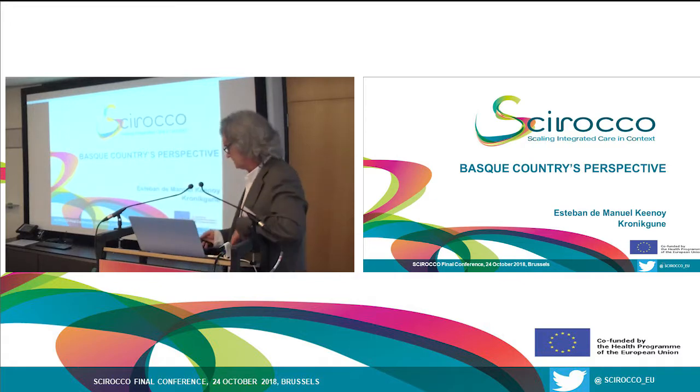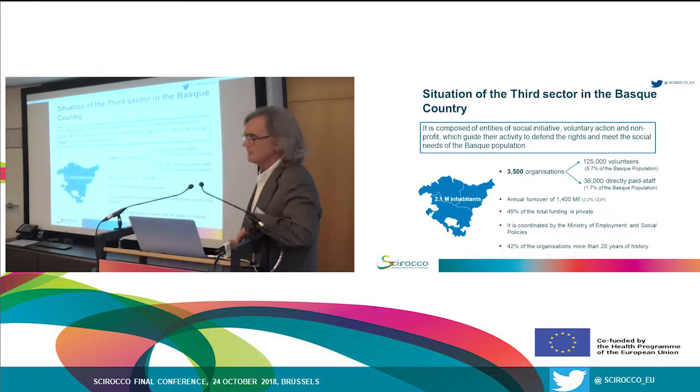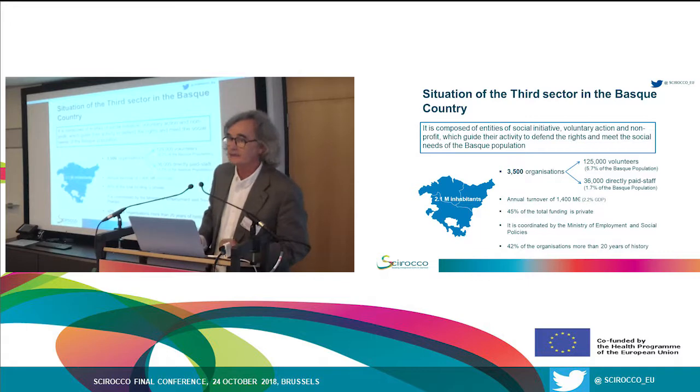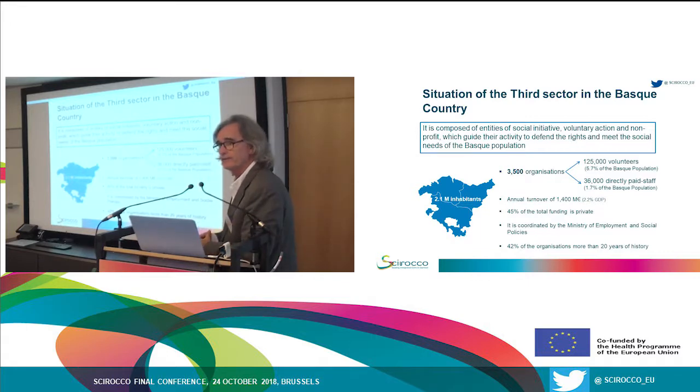So the third sector exists in the Basque Country too. It is composed of different kinds of organizations, voluntary, NGOs, and so on. There are more than 3,500 organizations with more than 125,000 volunteers and 36 employees from these organizations.